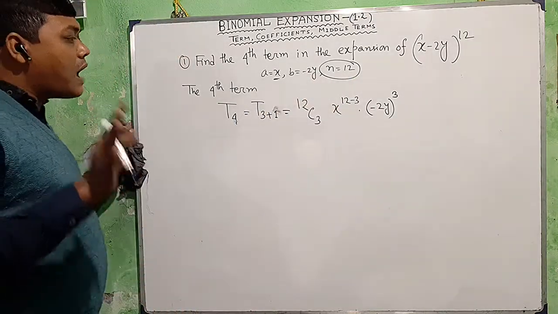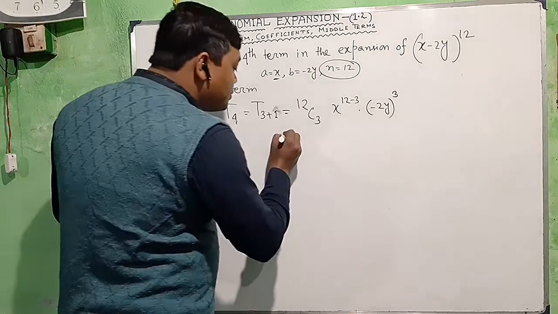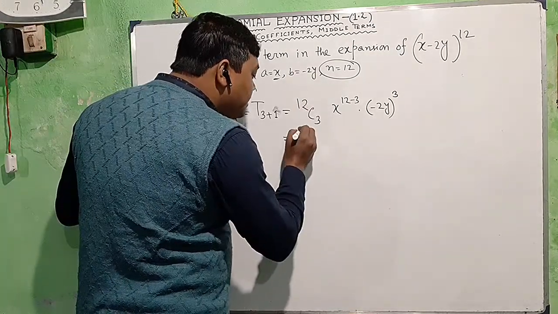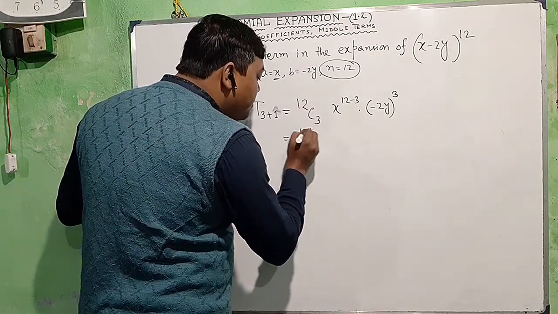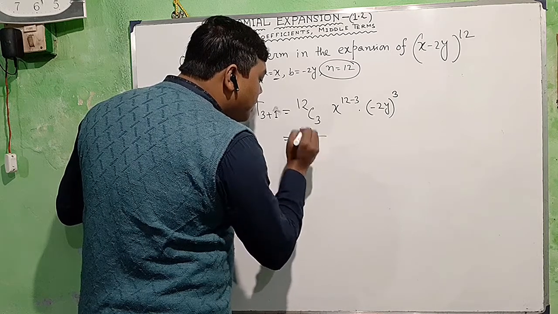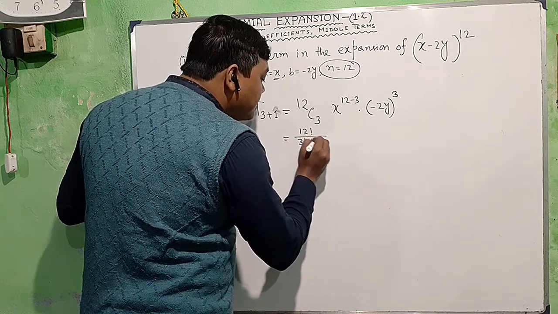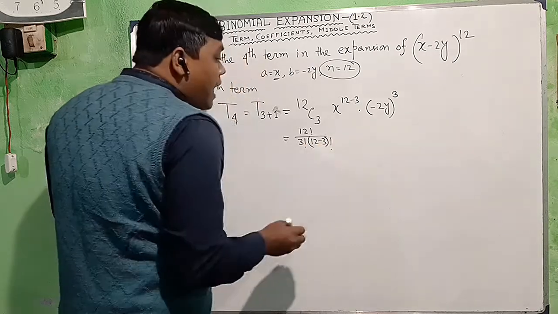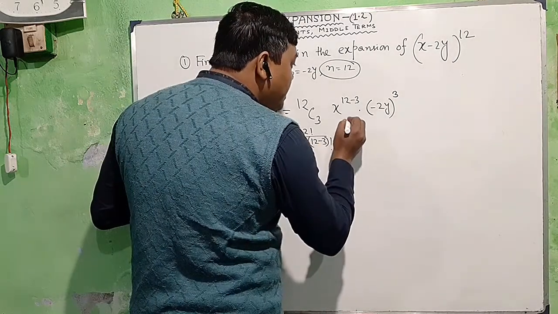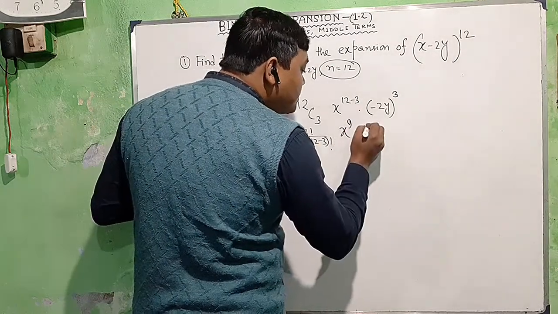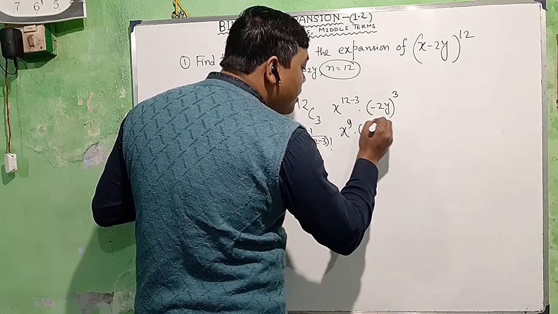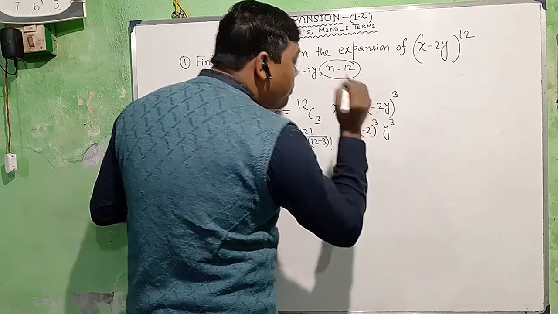Okay, now I have to calculate. So what about 12C3? That can be written as 12 factorial by 3 factorial, (12 minus 3) factorial, and x to the power 9, and of course this is (minus 2) whole cube and y cube.